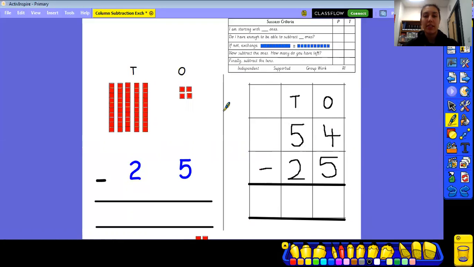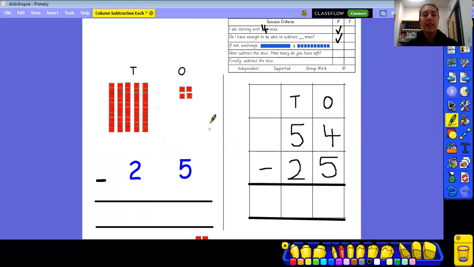Following our success criteria then, we always start with the ones. I am starting with, how many ones am I starting with? 4 ones, that's right, well done. I'm starting with 4 ones. Do I have enough ones to be able to subtract 5 ones? That's right, I don't have enough because 4 is smaller than 5.